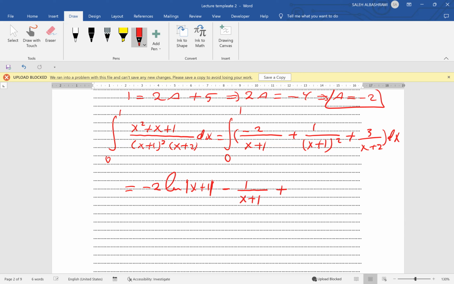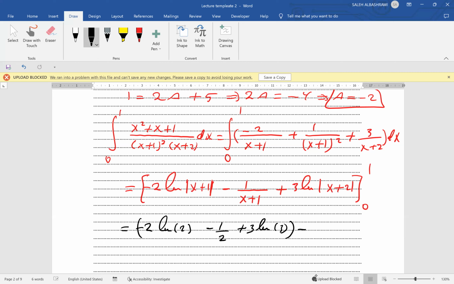And the third one is equal to 3 multiplied by ln of x plus 2, from 0 to 1. Now we need to evaluate it by replacing x by 1, then by 0. So this is equal to, replacing x by 1, minus 2 ln of 2, minus 1 over 2, plus 3 ln of 3.